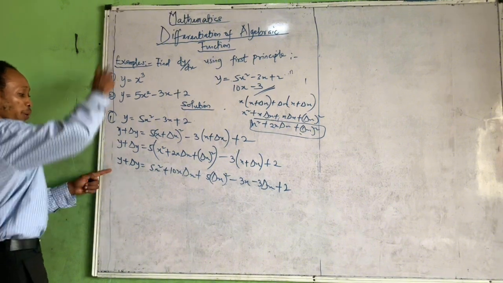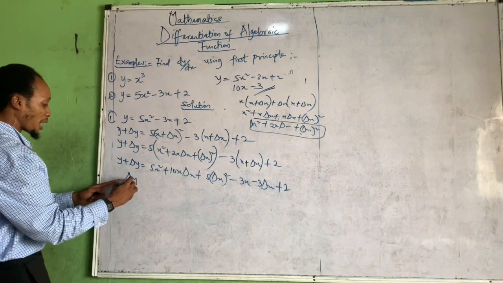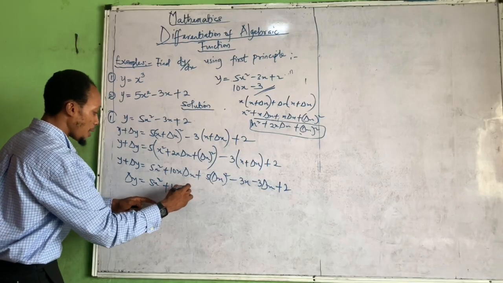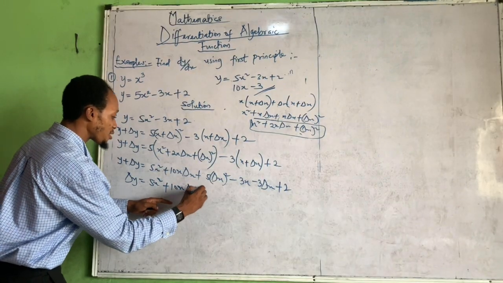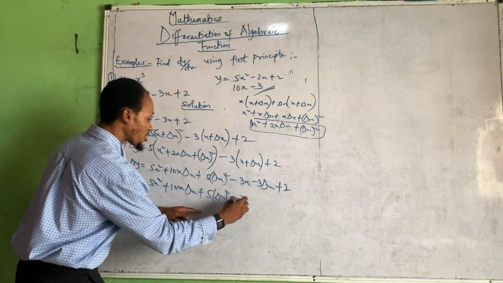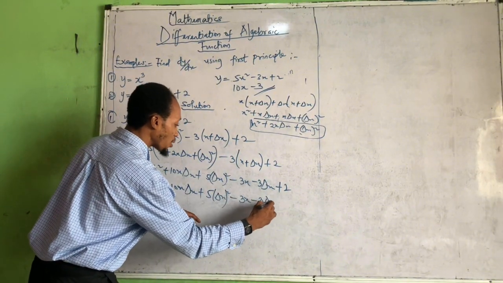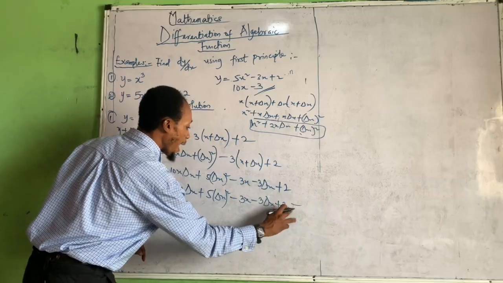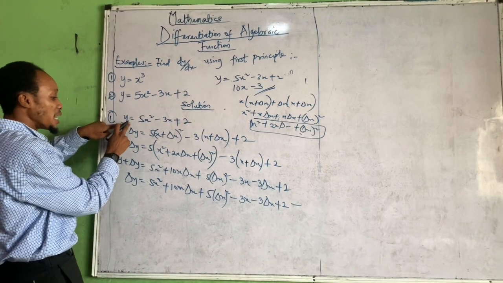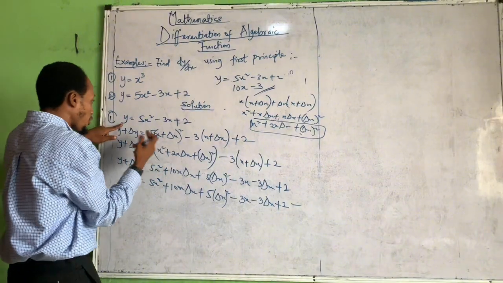Then the next thing is to bring your y to the other side. So we have delta y equals 5x squared plus 10x delta x plus 5 delta x squared minus 3x minus 3 delta x plus 2 minus your y. But let's replace it immediately instead of rewriting it again because of our time.